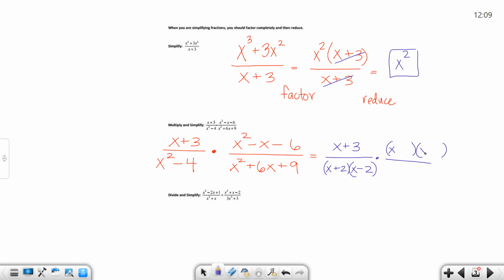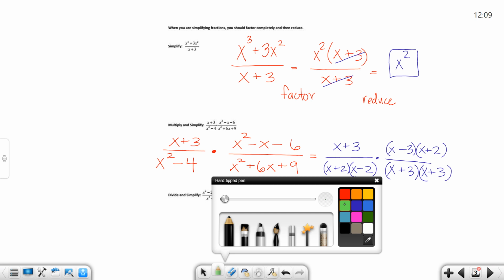So you have x and x. The factors of 6 that subtract to give me 1 are 3 and 2. My signs are different. The 3 is negative. Across the bottom, I have another easy trinomial. The factors of 9 that add to give me 6 are 3 and 3. They are the same sign, both positive. So that's how everything would factor.